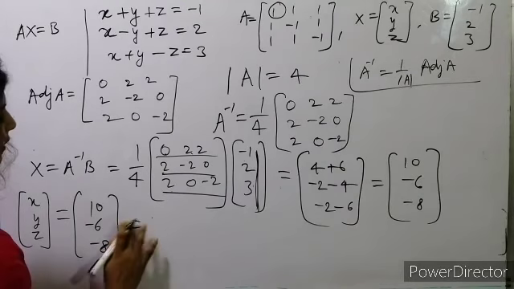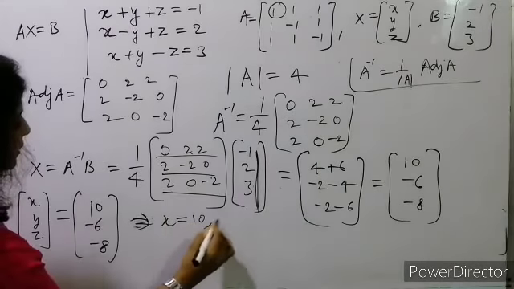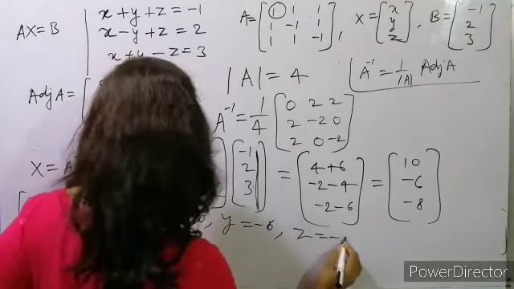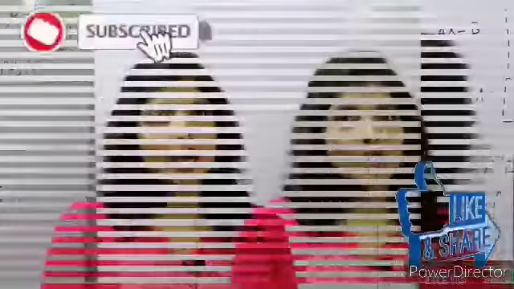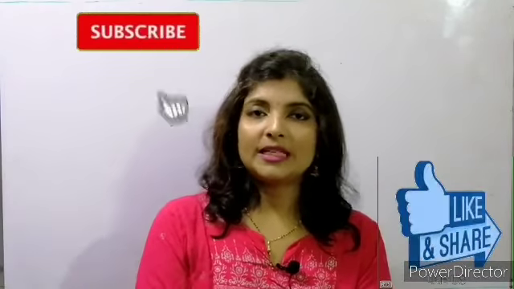So the value of x is 10, y is -6 and z is -8. I hope you understood the concept.